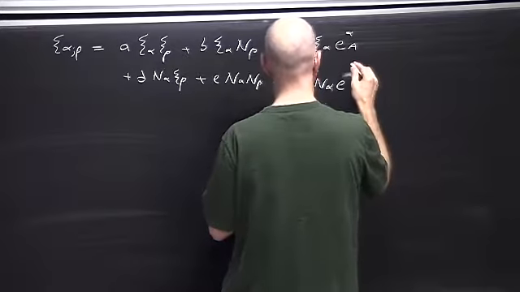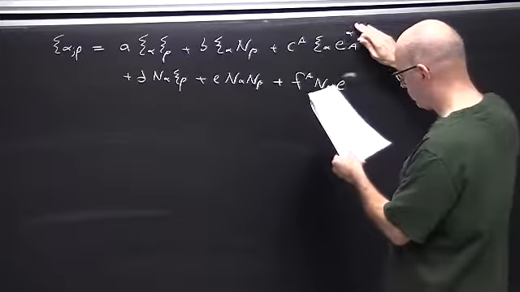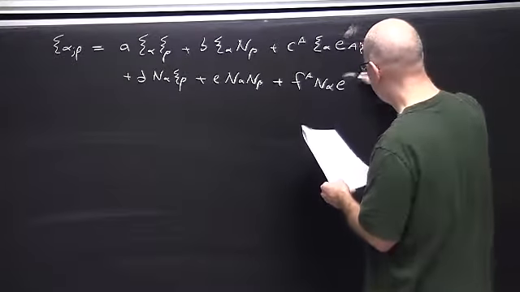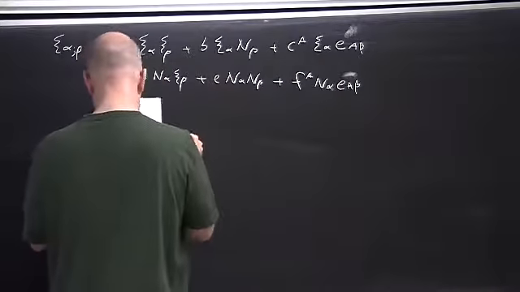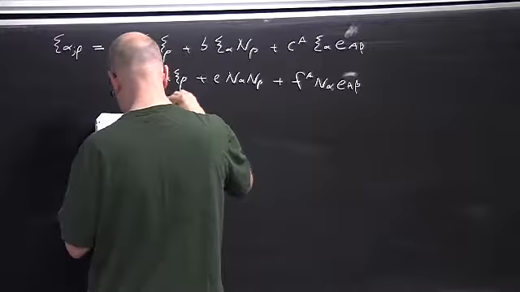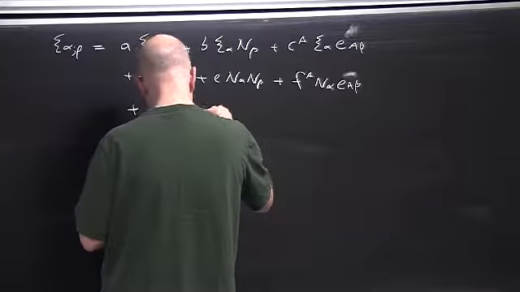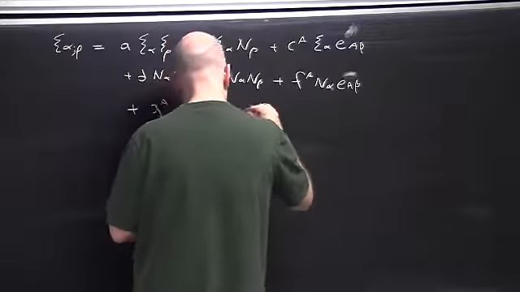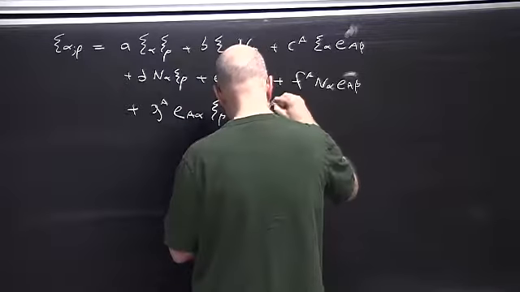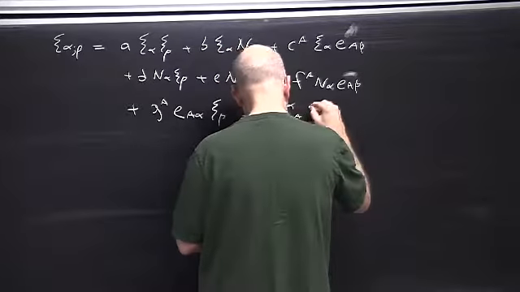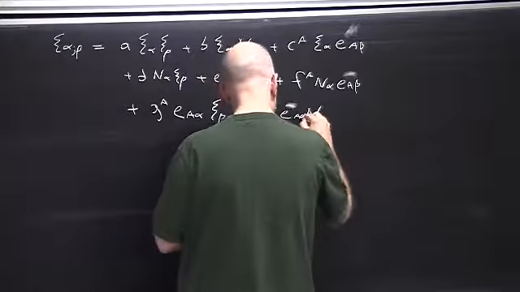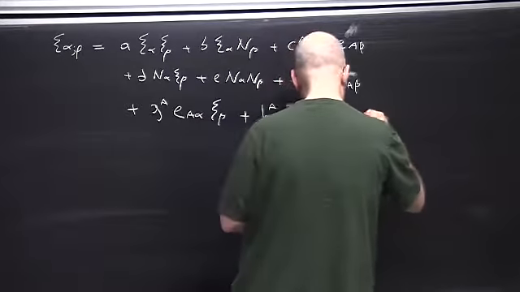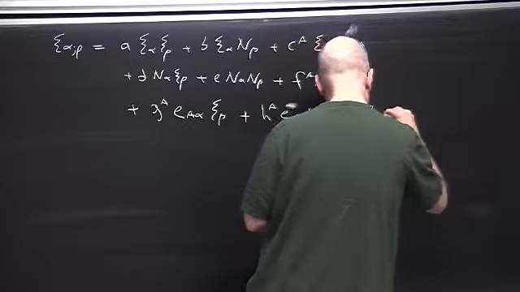And then we keep going, so we can have components along the transverse vectors and xi. It can have components along the transverse vectors and n. And it can have components purely in the transverse directions.